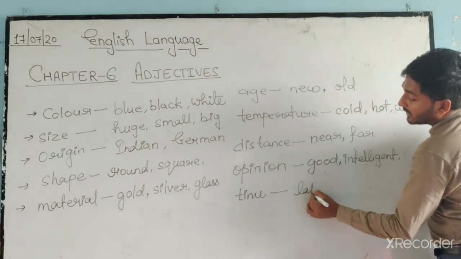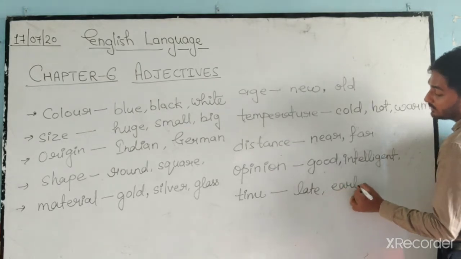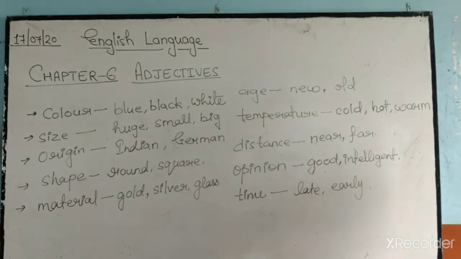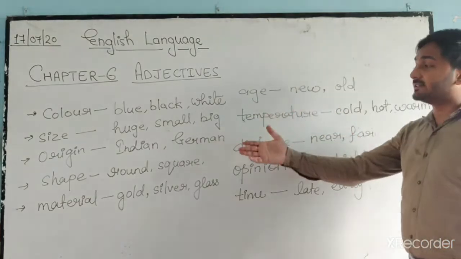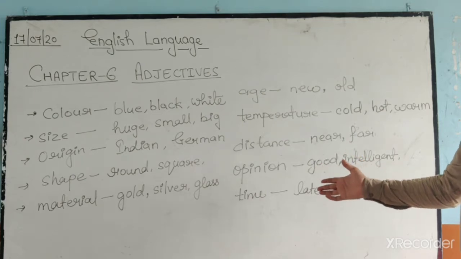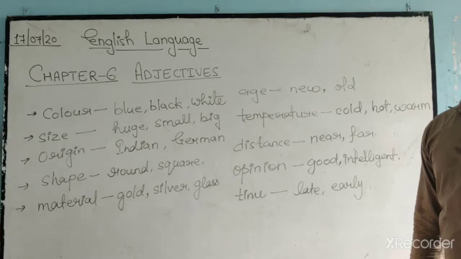Time: he came late today, I came early today. So these, late and early, are all adjectives. Now we know how we can use an adjective to describe a noun or pronoun through its color, size, origin, shape, material, age, temperature, distance, opinion, or time.